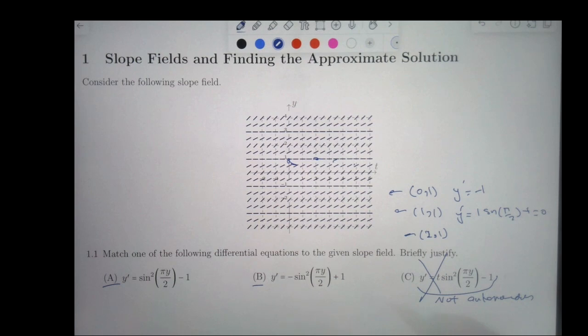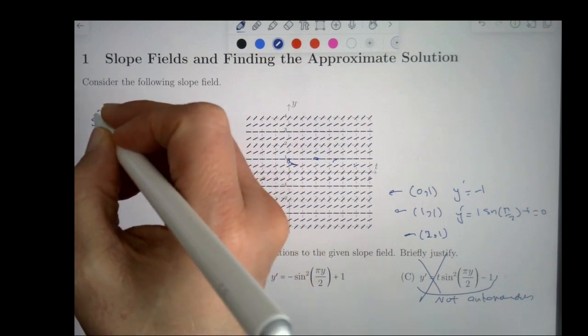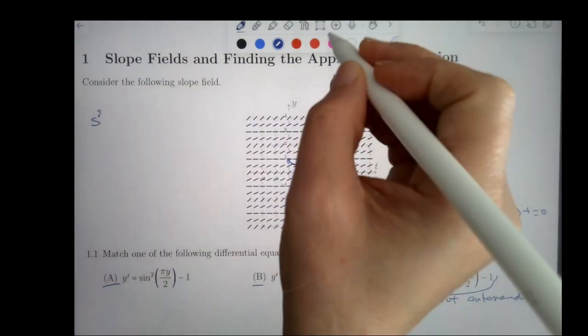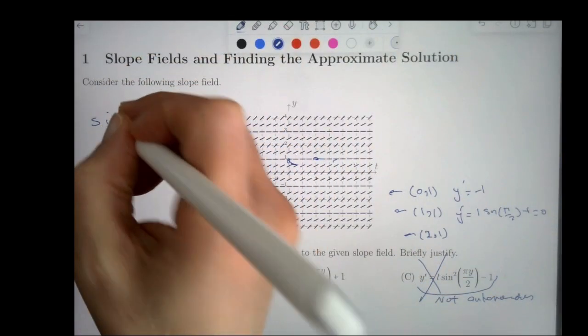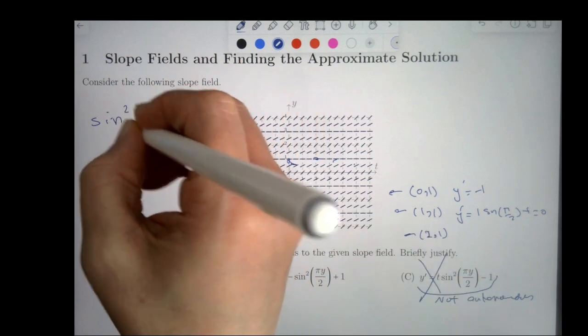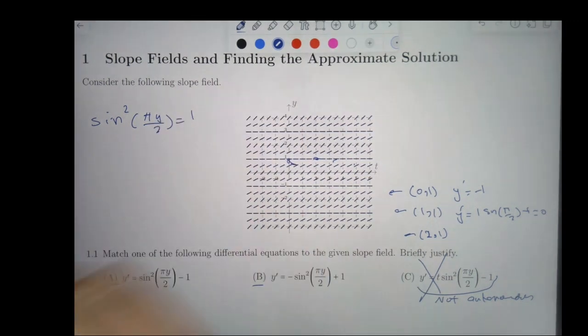One thing that I say is try the equilibrium solutions. In both of these cases, the equilibrium solutions are solutions to the equation sine squared of pi y over 2 equal to 1.